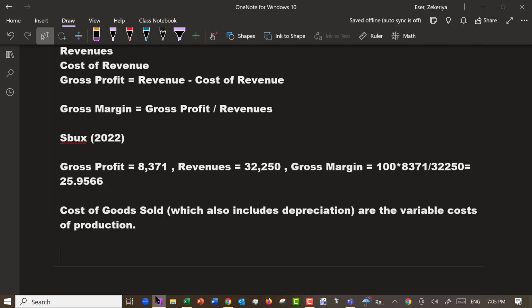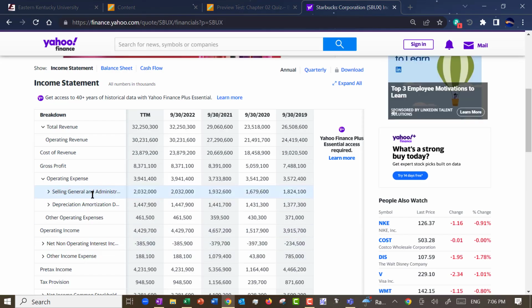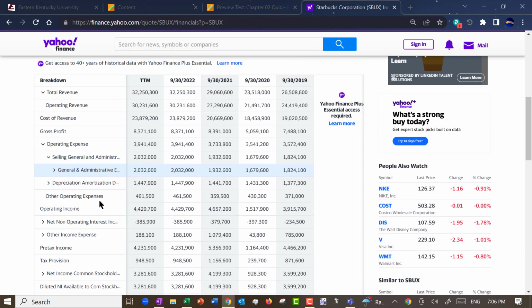But you also have operating expenses. You know, the rent that you pay for the headquarters. In general, this is selling, general, and administrative costs.